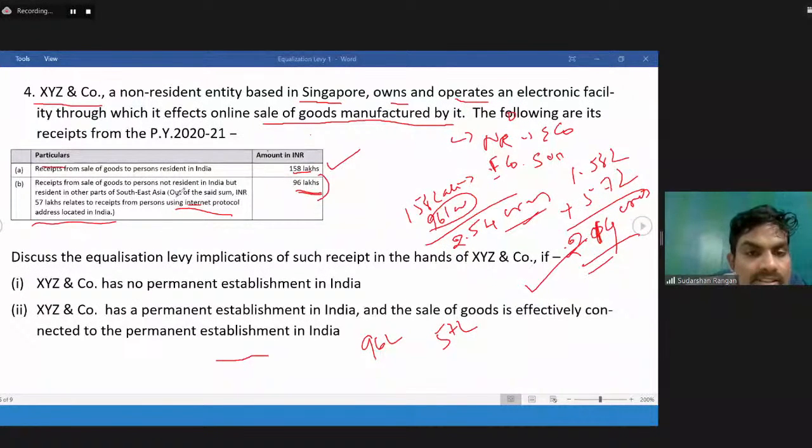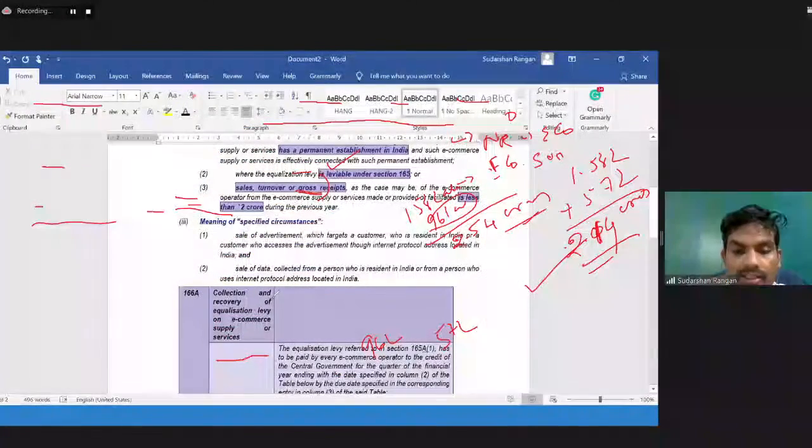But look at this question. It also said INR 57 lakhs in this 96 lakhs. Even though this is sold to non-residents, it is from persons using IP address located in India. So this is from an IP address located in India that is included here.